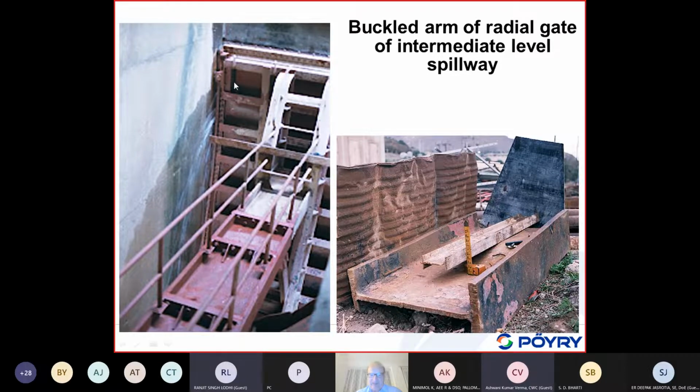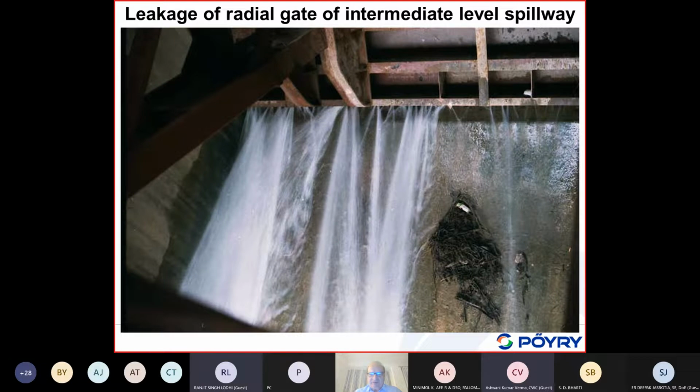But in this intermediate level spillway, there is a tunnel about 50 meters until the location of this gate, where you actually have an increased hydrodynamic pressure, and it must be this hydrodynamic pressure which caused this inelastic buckling of this arm, which is a kind of unique experience.